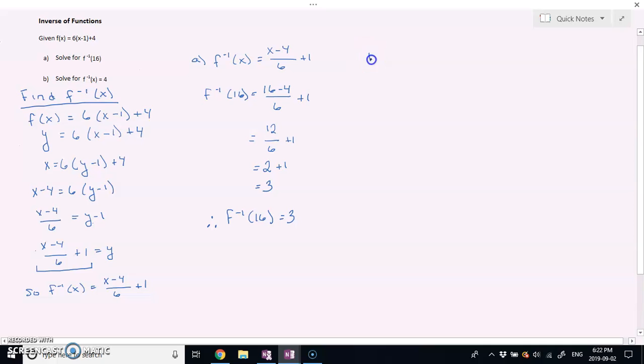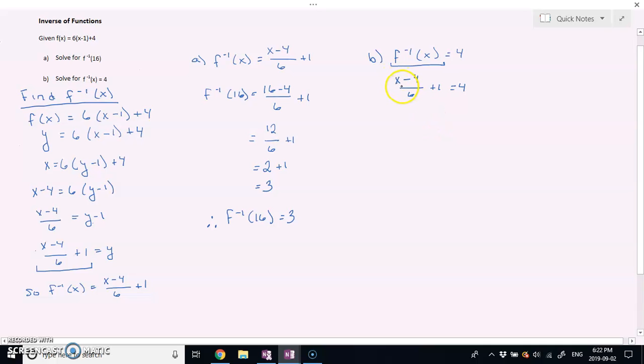For part B, what we're asked to do is to solve f inverse of x equals 4. Well, we know what f inverse of x is, so let's write that. F inverse of x is x minus 4 over 6 plus 1. We want to know when this equals 4.